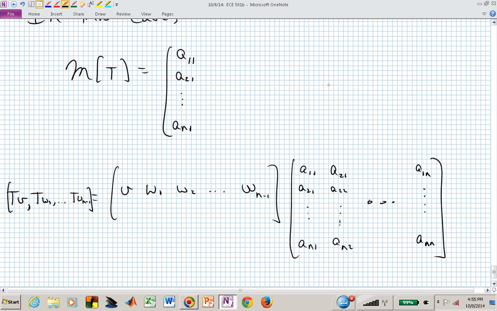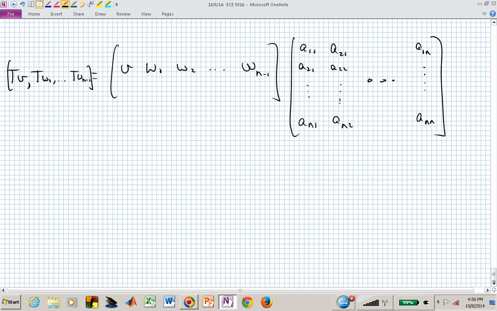What do we know about that first column? If V is an eigenvector and we're trying to represent TV in terms of V and this rest of the set of basis vectors, A11 is lambda, isn't it? It's only going to be in that direction since V was the eigenvector, and all the other A's are 0.